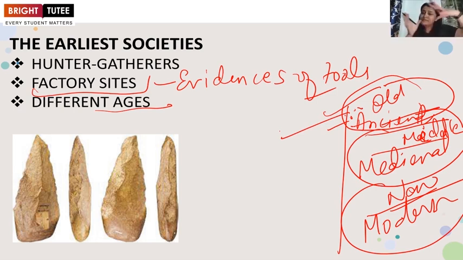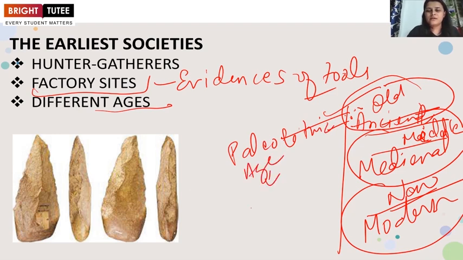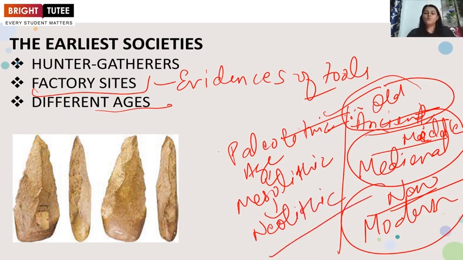Now ancient history also has so many categories. When we look into the main and the earliest part of history, it got divided into 3 parts: the Paleolithic age, Mesolithic age, and Neolithic age. So how did these ages get divided? These ages got divided on the basis of tools, stone tools.